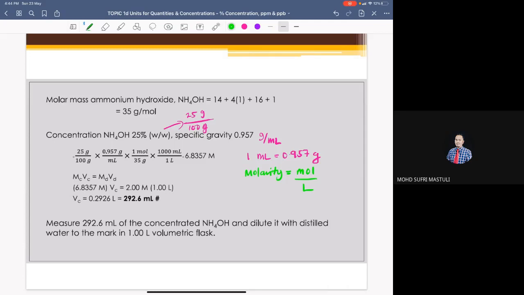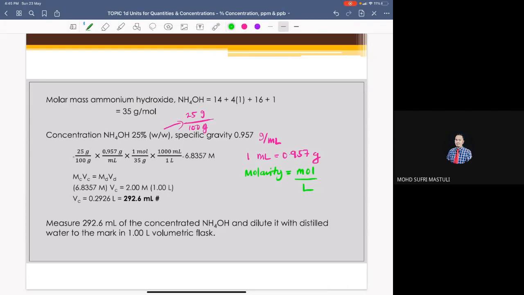Okay, 25 over 100 gram is the percentage weight per weight, and then we multiply by the specific gravity 0.957 gram per milliliter, and then we know the molecular mass is 1 mole per 35 gram, and then we convert to liter because we need molarity in liter.